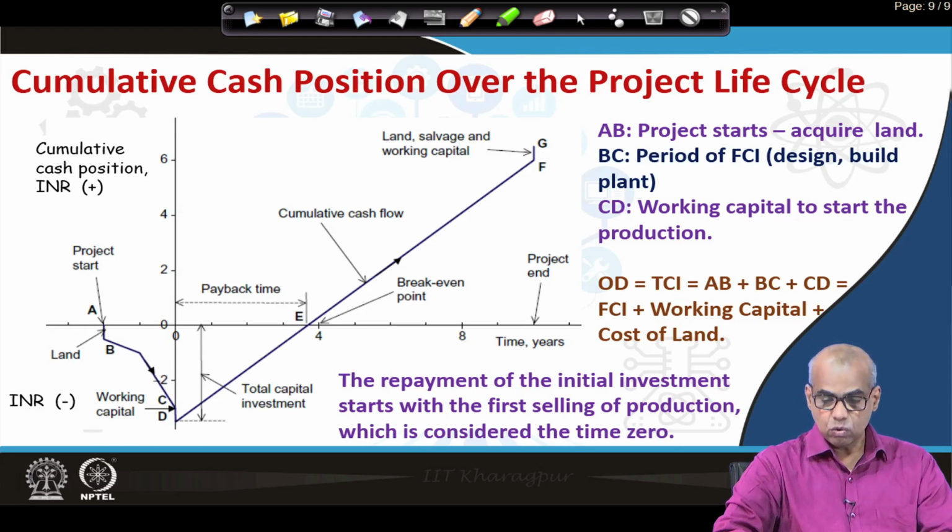It will start with the first selling of production, and this happens at time t equal to 0. So, time t equal to 0 corresponds to the time when your plant has started its operation, it is earning revenue and repayment of the initial investment has started at the same time.